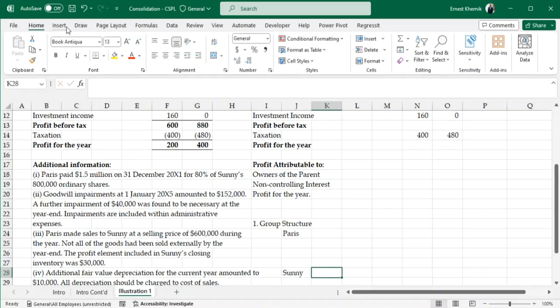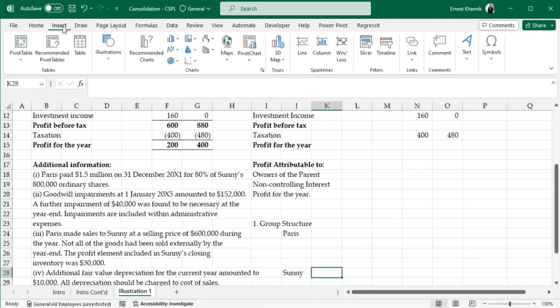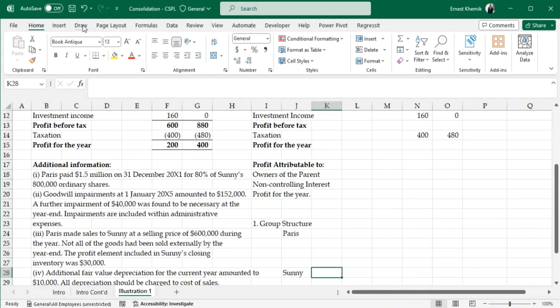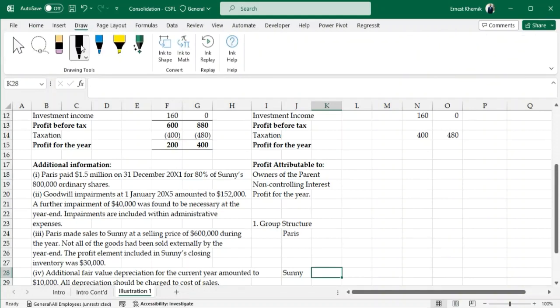Then quickly let me set some symbol here to indicate that this is moving from here to here. So let me pick this and draw a line here just to show something. So I have the line there. My line is actually straight. So we have that. Then the parent acquired 80%, right? 80%.